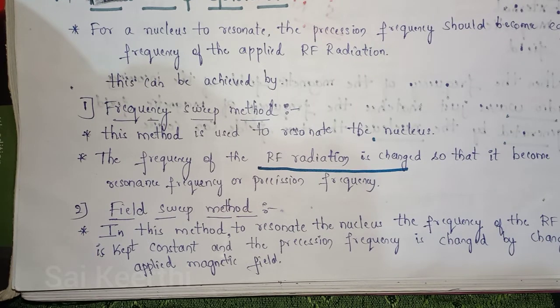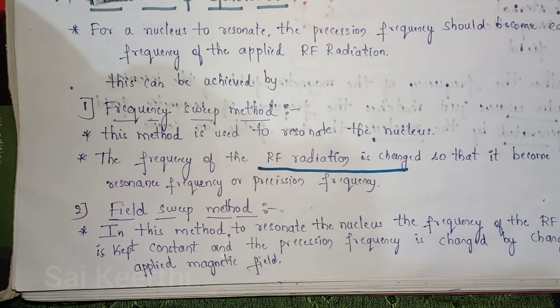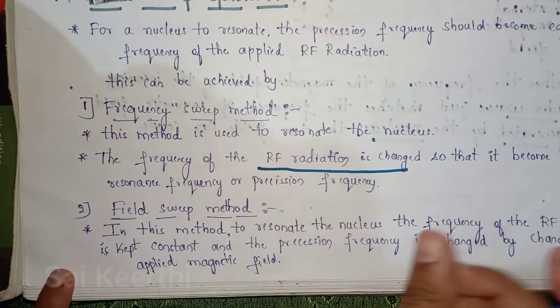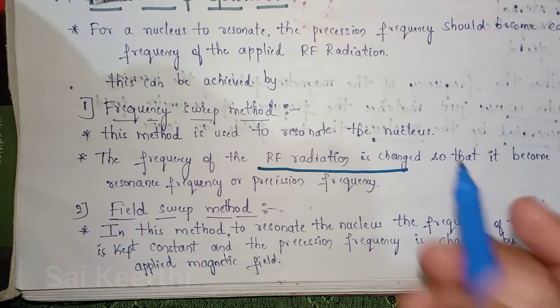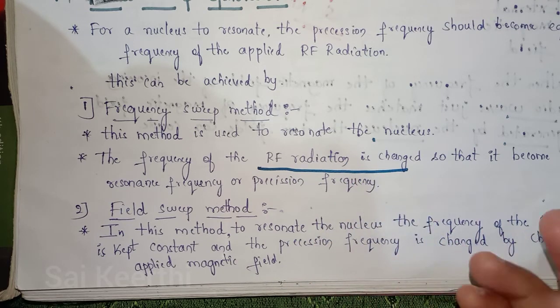So when the RF radiation is changed, at some point the frequency of the RF radiation and the frequency of the spinning nucleus will become equal. Then the resonance will occur, and the nuclei will spin to the beta state. You have to remember that in the frequency sweep method, the RF radiation is changed while the applied magnetic field is kept constant.